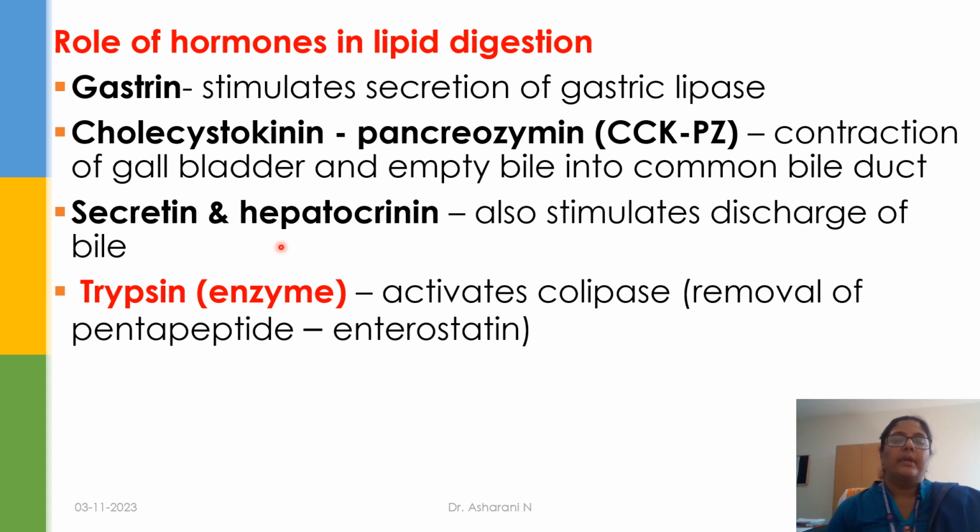Secretin and hepatocrinin also stimulate the discharge of bile. Here, a proteolytic enzyme trypsin plays an important role, where this enzyme activates colipase, so that if we can recollect, colipase is a very much requirement for the complete activity of pancreatic lipase enzyme.